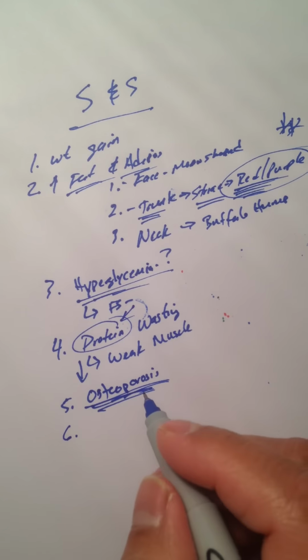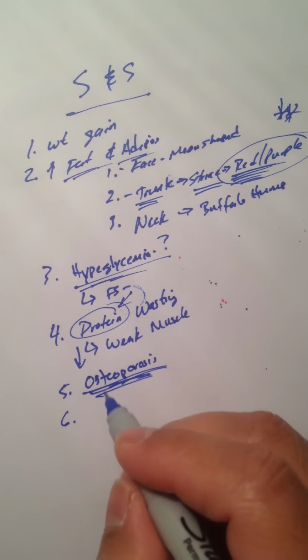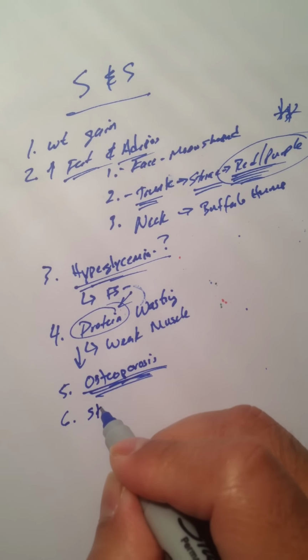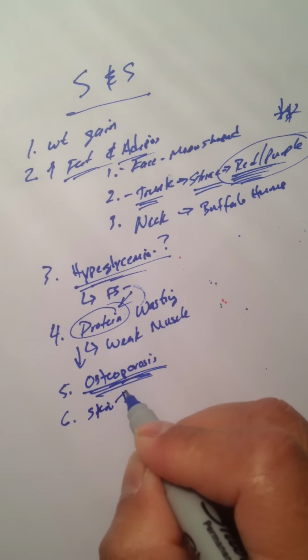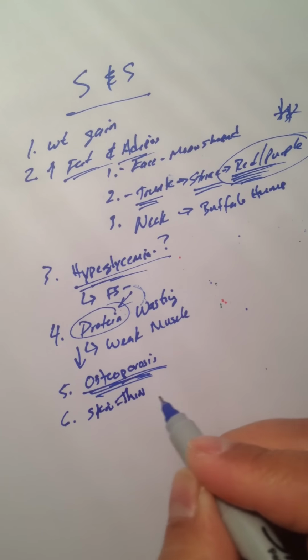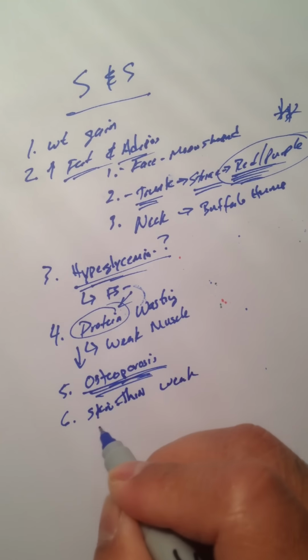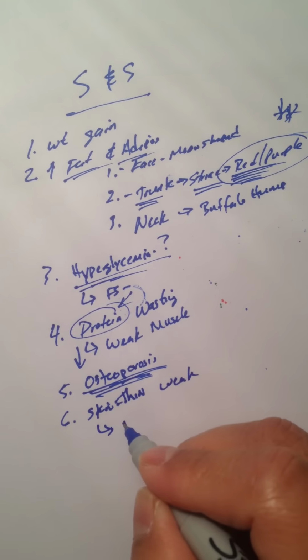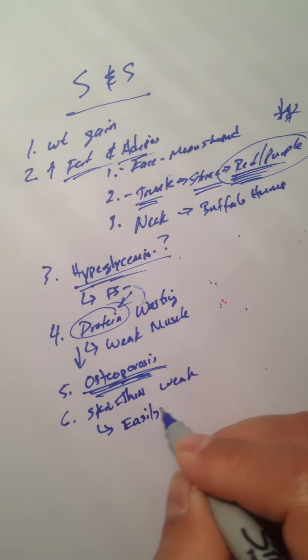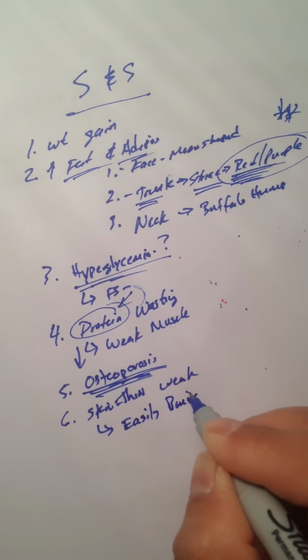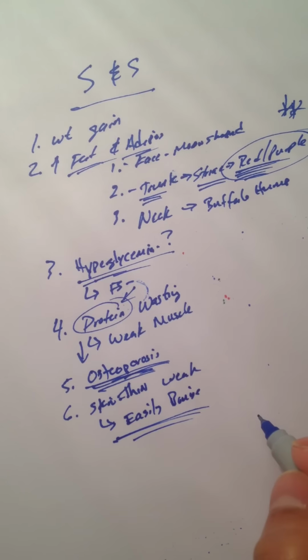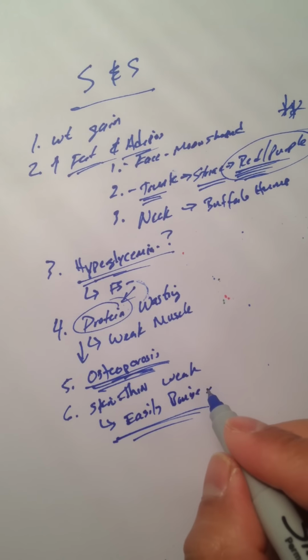Well, you also have protein in your skin. So these patients will have very thin skin, and it will be weak. Therefore, these patients easily bruise. So when you do your physical examination, check for multiple bruises throughout the body.